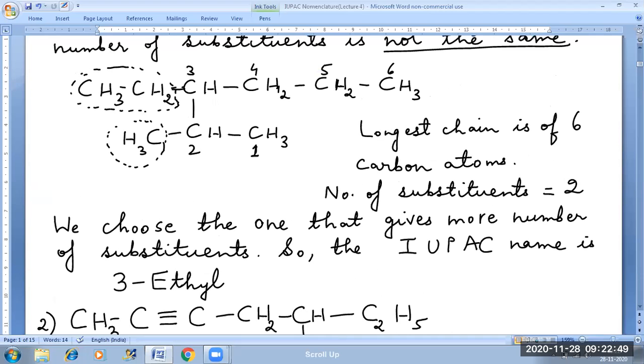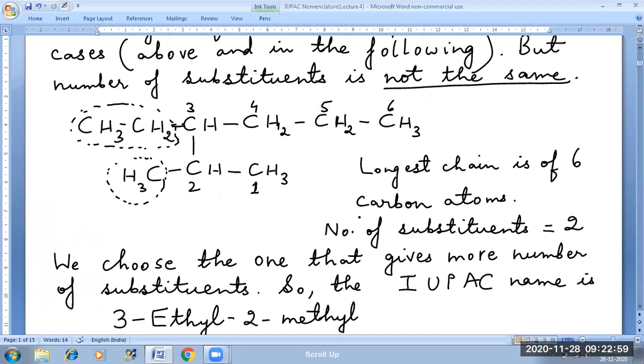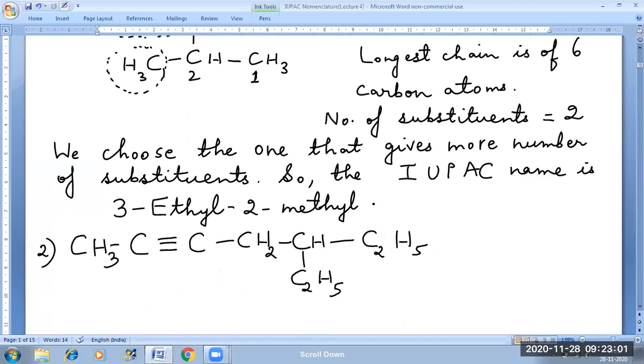Three ethyl, two methyl, six carbon atoms is the chain, so hexane. So this is the correct IUPAC name.